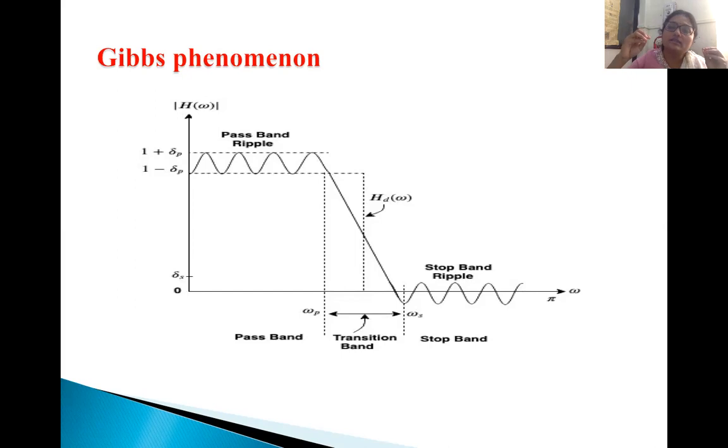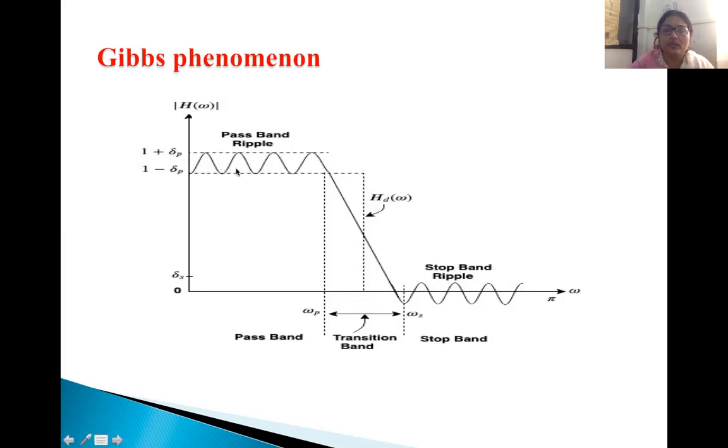But why these oscillations appear, that we should understand. These oscillations appear because of abrupt change in the signal in the time domain. The changes in the signal in the time domain reflect as oscillations in the frequency domain. So these oscillations are known as the Gibbs phenomenon.